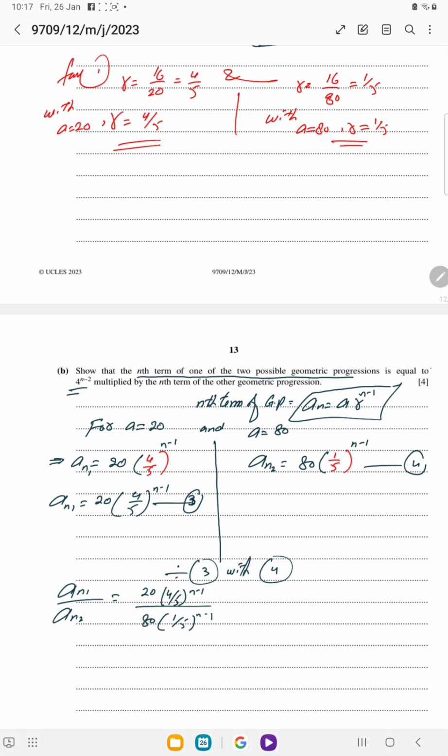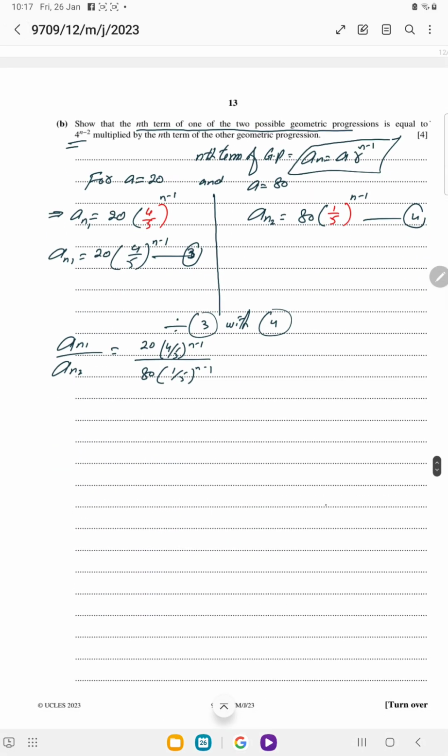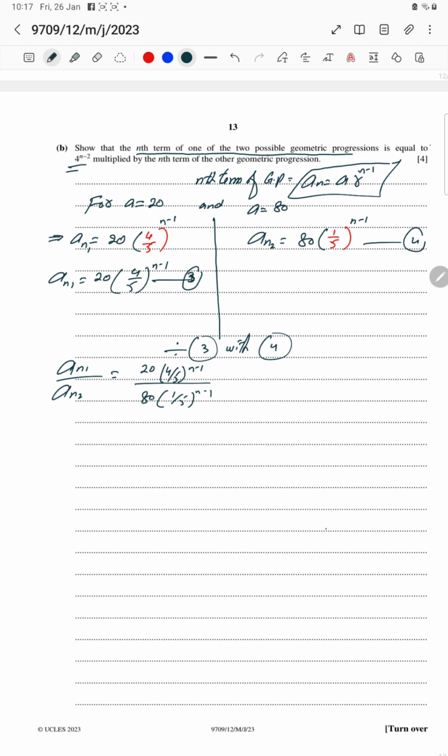We can further simplify it. Here 20 and 80 cancel and we get 1 by 4, times 4 by 5 power n minus 1 divided by 1 by 5 power n minus 1.